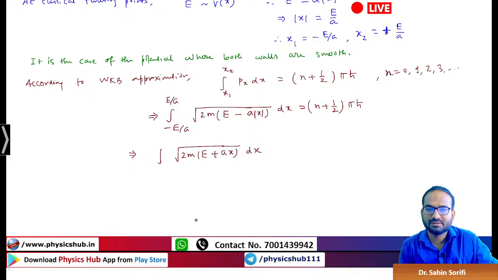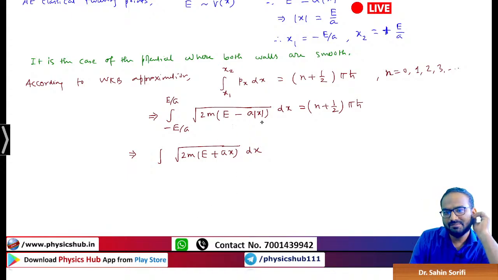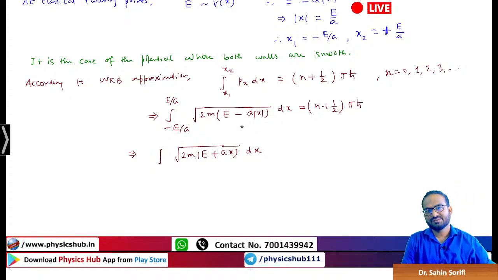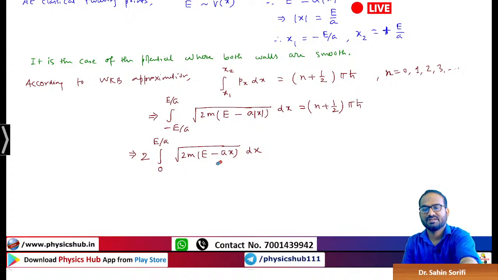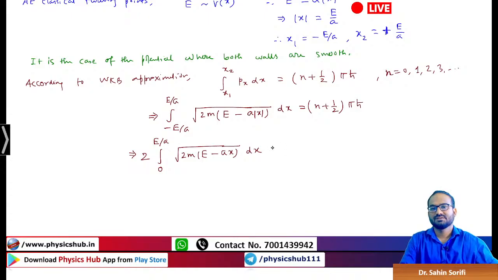If you look closely, E minus a mod x is an even function. This integrand is an even function. If you put x equals plus or minus x, this value remains the same. So we can write 2 times the integral from 0 to E by a of square root of twice m into E minus ax, taking the positive values of x, equals n plus half pi h cut. Clear?